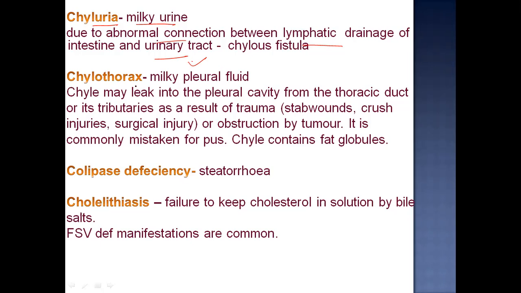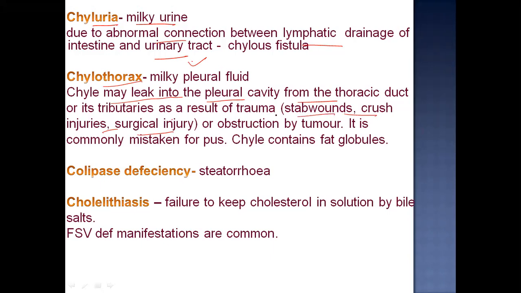Another is chylothorax, where chyle may leak into the pleural cavity from the thoracic duct because of any injury to the thoracic duct, in the form of crush injury, or an error in surgical repair of any chest operation, or any stab wound.